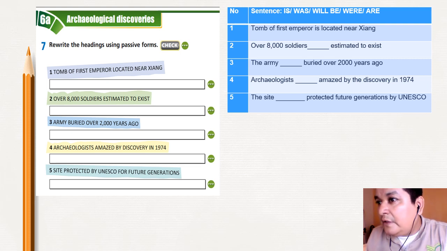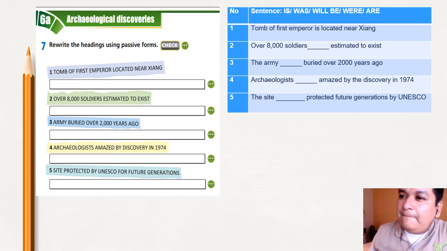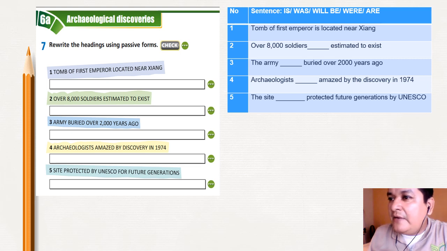You have to use this word. The army buried over 2,000 years ago. Archaeologists amazed by the discovery in 1974. The site protect future generation by UNESCO. Okay? So, remember, you have to decide which is the correct auxiliary in each case.